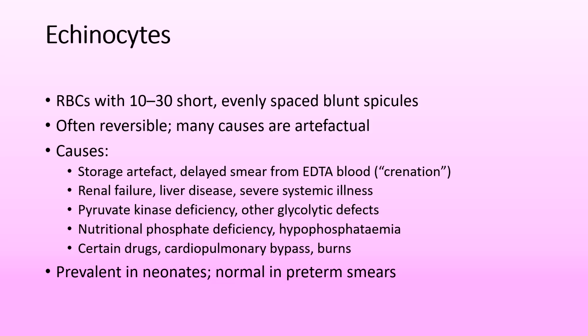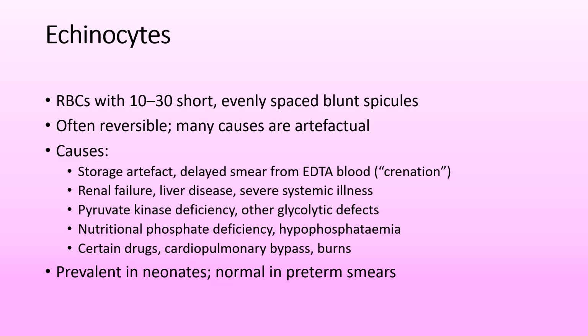Echinocyte is the name that is suggested for an RBC on its resemblance to a sea urchin. So it basically has regular short spikes. The most common cause is that technically the smear is made late from an EDTA anticoagulated blood. So always judge an echinocytosis in the context of a fresh sample only.